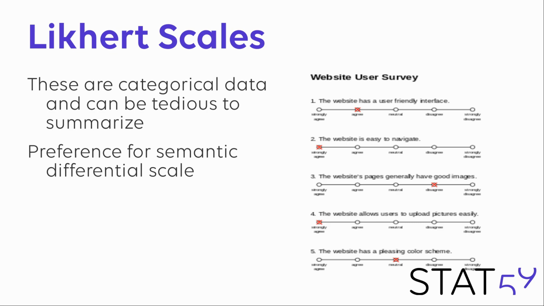And one mistake that people often make is simply assigning numbers to this. So we will call strongly agree 1, agree 2, neutral 3, disagree 4, and strongly disagree 5. This is not a good way to analyze your data. There are other ways rather than using the Likert scale to allow you to summarize those. If you want to summarize these, then you should just simply summarize them on a frequency table.